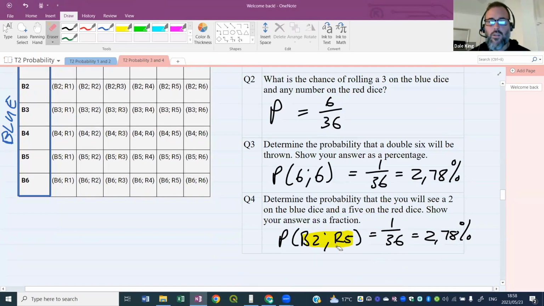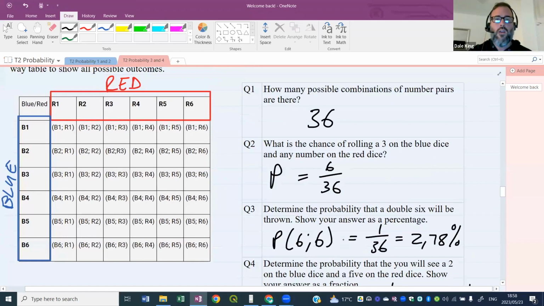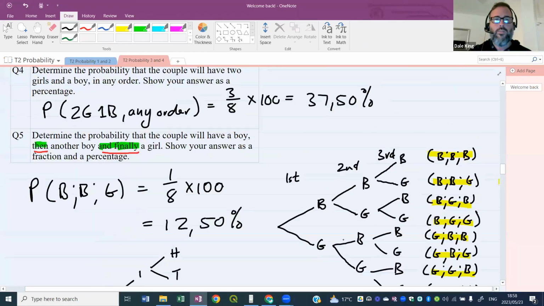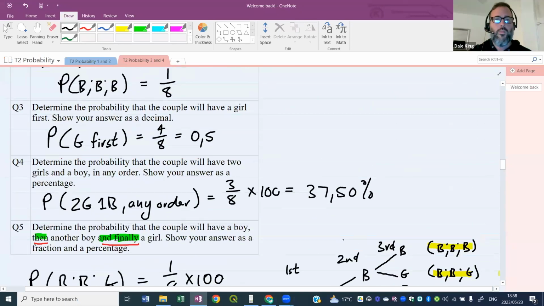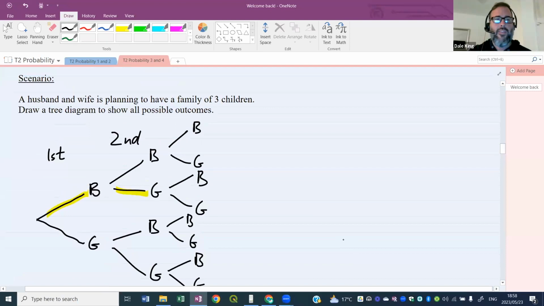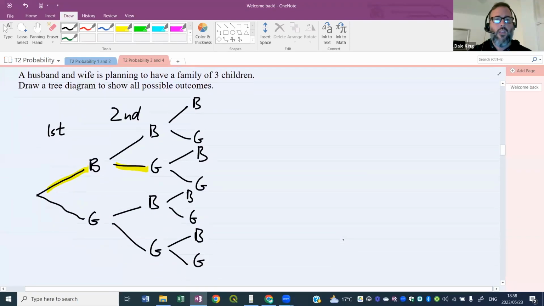I think Kia is referring to the tree diagram. Oh, the tree diagram? All right. Okay, let's go up to the tree diagram. There's the tree diagram.